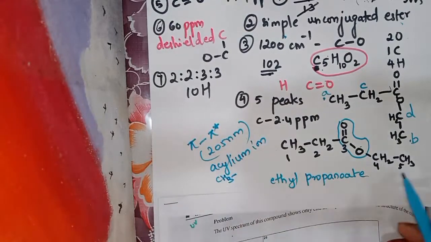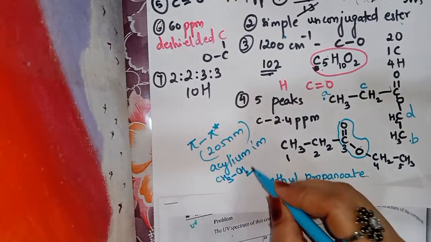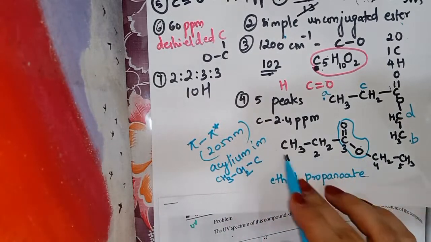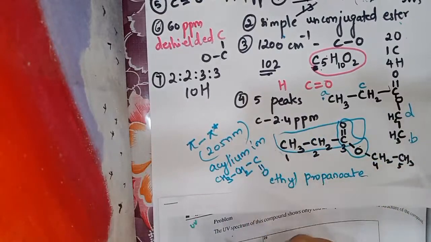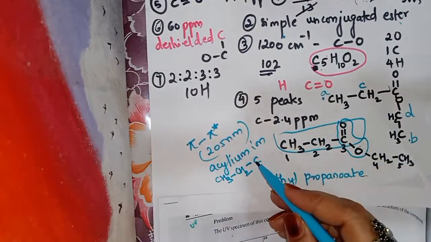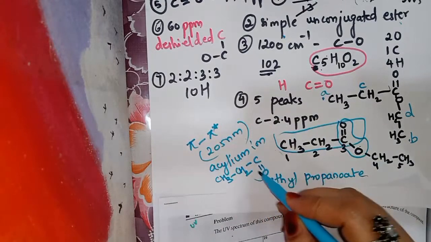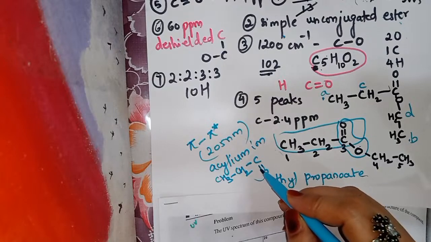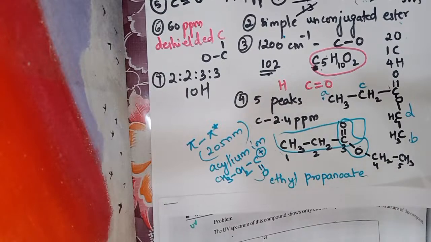CH3, CH2, C, this one, double bond O. Now this, since it is having one bond less, it is an ion.